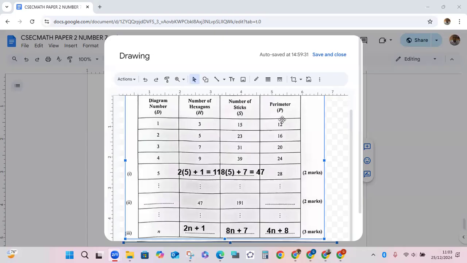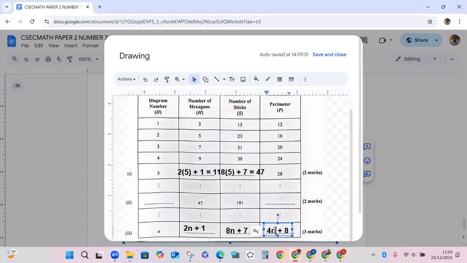And the increase is by 2 constantly for the number of hexagons. The number of sticks, the increase is 8 constantly. And for the perimeter, the increase is 4 constantly. And then we can use that formula now to solve for the missing part. So we'll do a separate recording for 2 because we automatically answered 1 and 3 in one presentation.